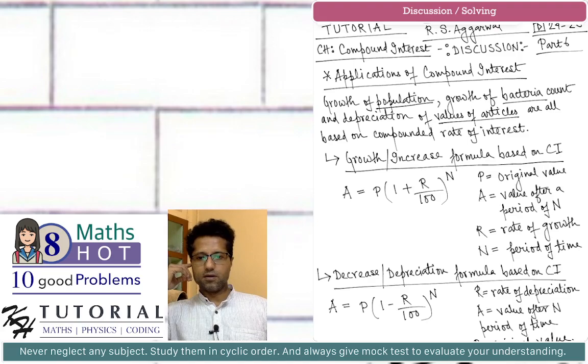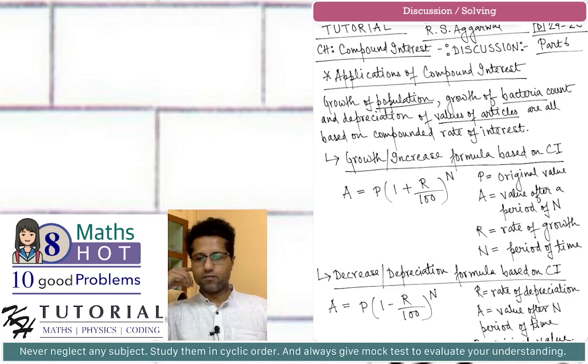So the growth formula based on compound interest is A equals P multiplied by (1 plus R by 100) to the power n, where P is the original value. Now this original value could be the population, it could be the count of bacteria, or it could be the cost of an article. And A is the final value after a period of n, and R is the rate of growth. Since this is the formula for growth or increase of some quantity, R is the rate of growth.